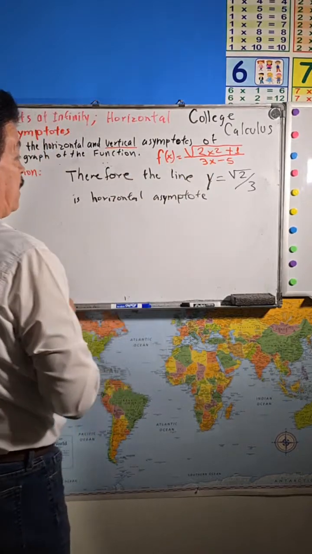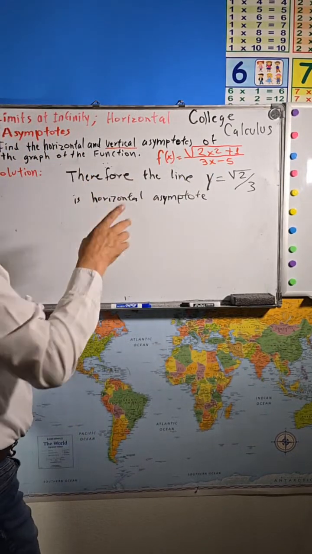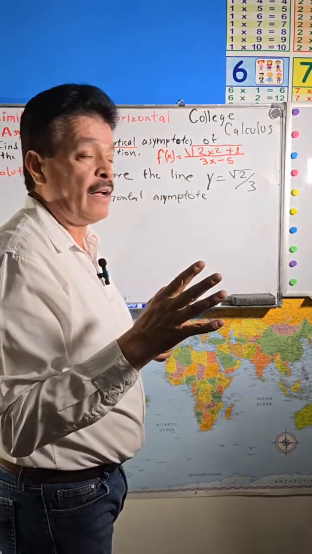We are looking for the horizontal asymptotes, but we have one more horizontal line.